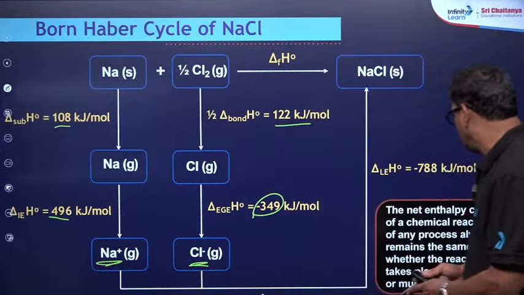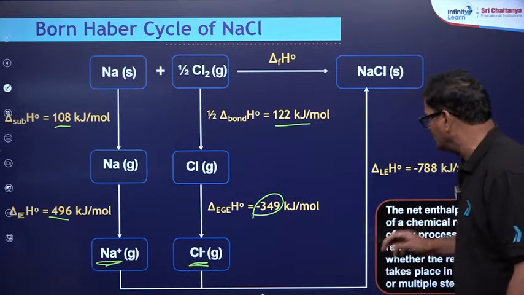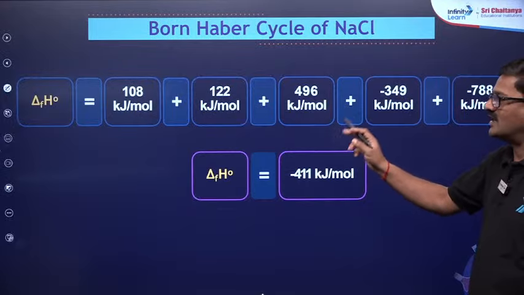I want to say here the net enthalpy change of a chemical reaction or any process always remains the same because we are taking the help of Born-Haber cycle, and this has to be calculated by using Born-Haber cycle.